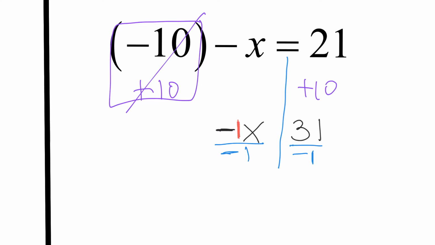You have an invisible 1. So when you divide these two numbers, negative 1 divided by negative 1, that turns into a positive 1. We don't need it. You just bring down the x. On the other side, we do have a positive 31 divided by negative 1, and that's going to be a negative 31.